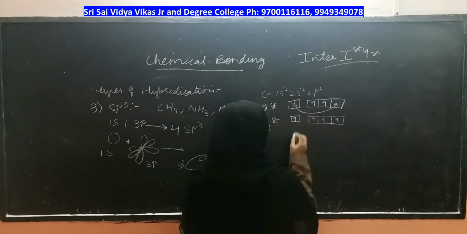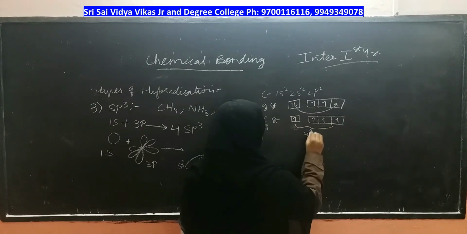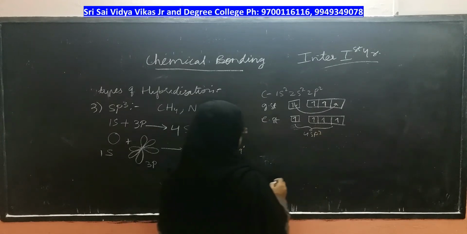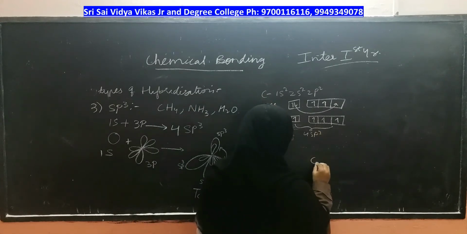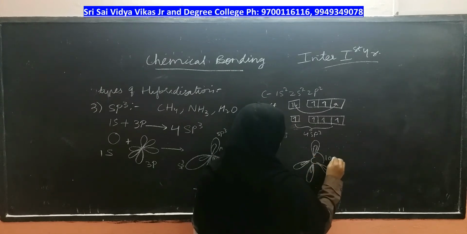Hybridization, right? What is the hybridization? Four sp3, they undergo hybridization to give 4 sp3 hybrid orbitals. How? This is carbon, tetrahedral shape, in which bond angle is 109 degrees.